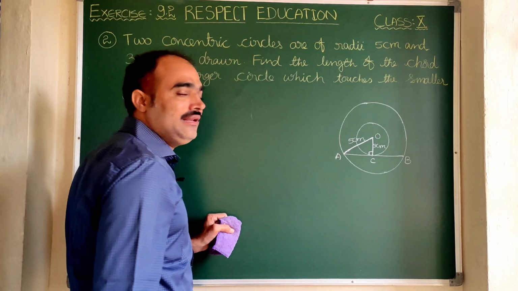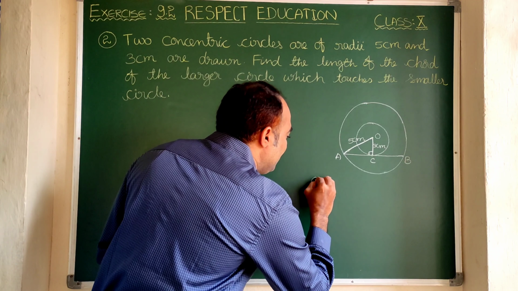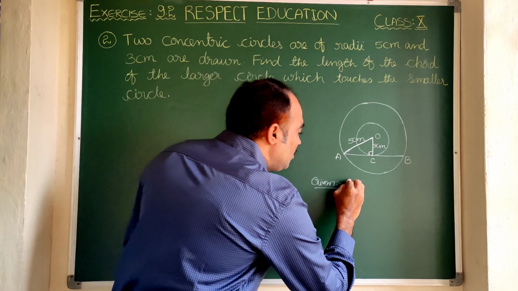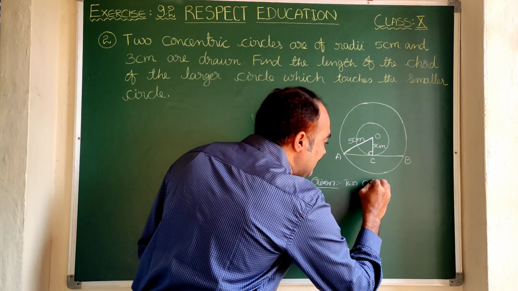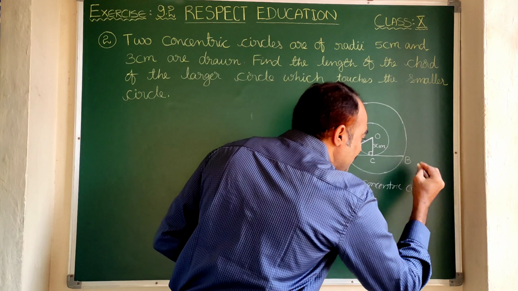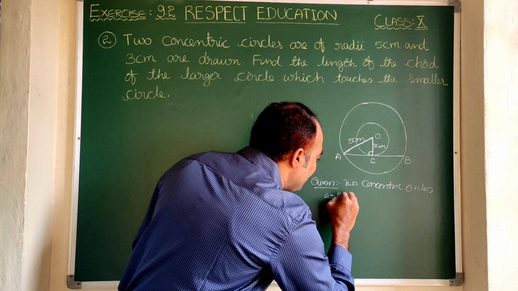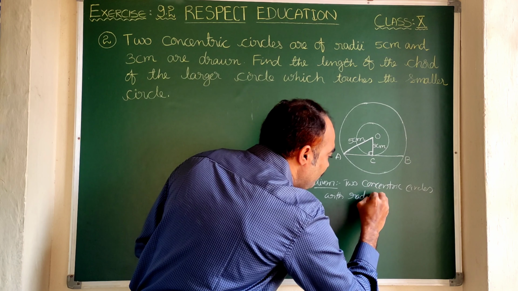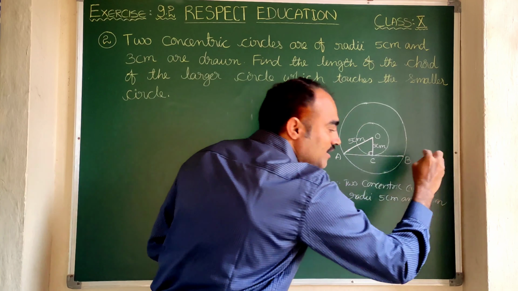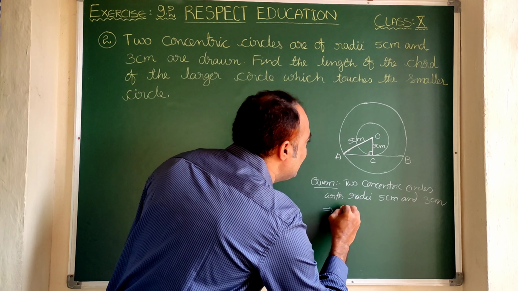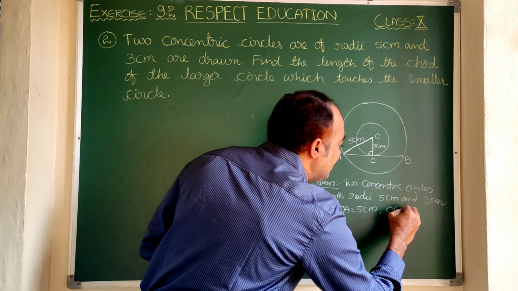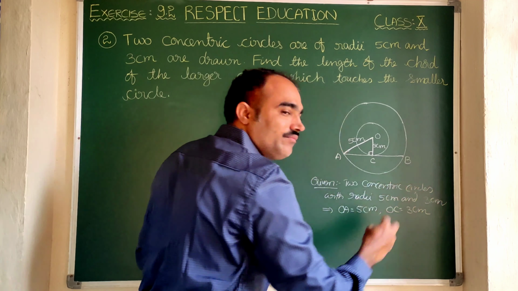So let us write here the given data. Given: two concentric circles with radii 5 cm and 3 cm. So clearly we can write OA is equal to 5 cm and OC is equal to 3 cm.